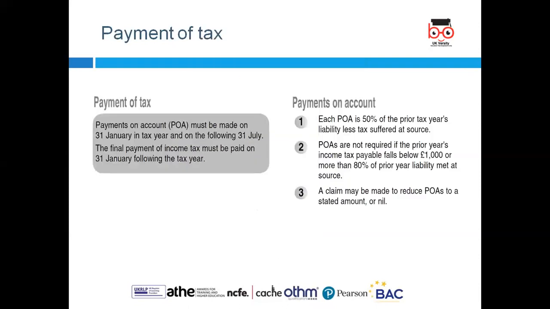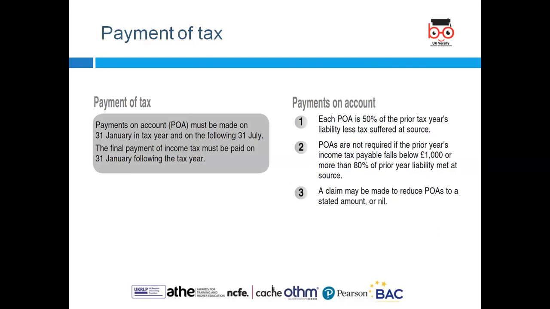So that's huge. Payment of the tax must be made on the 31st January and the following 31st July, and the final payment of income tax must be paid on 31st January following the tax year. If we don't do it after that, interest will apply.